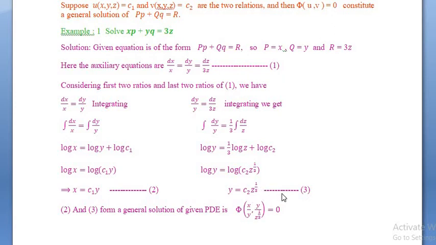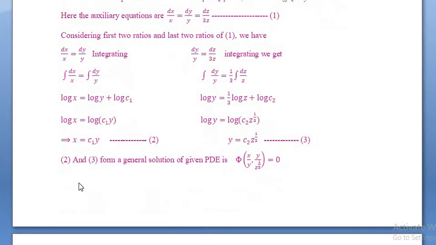We call it equation 3, and equations 2 and 3 form a general solution of the given partial differential equation: phi of x by y, y by z to the power 1 by 3 is equal to 0.